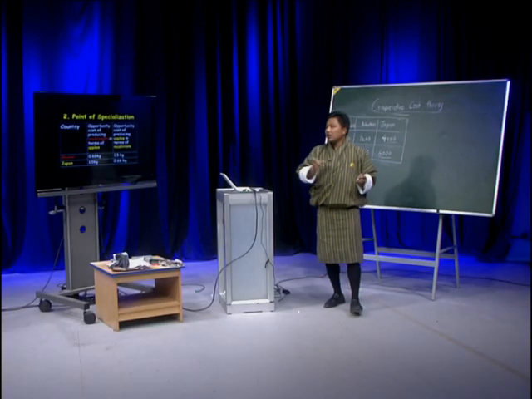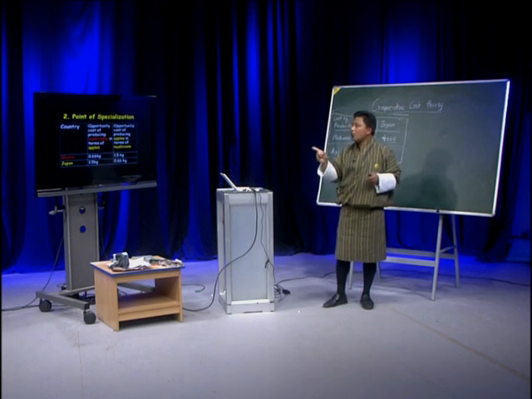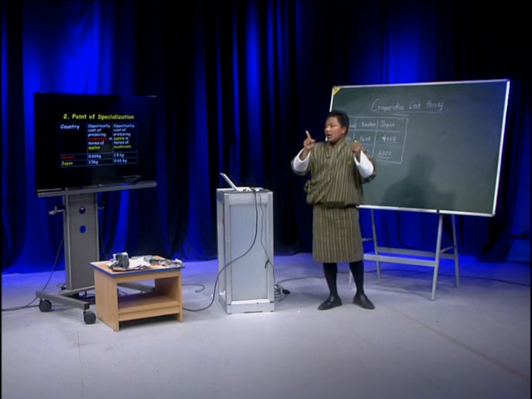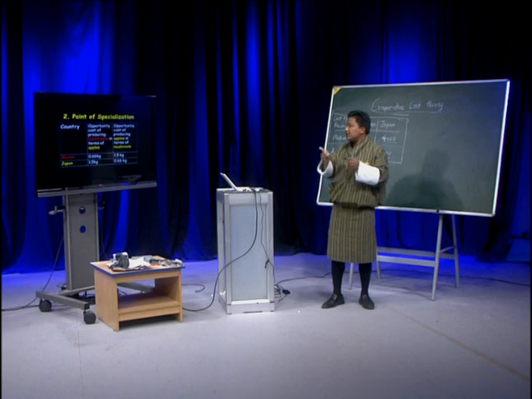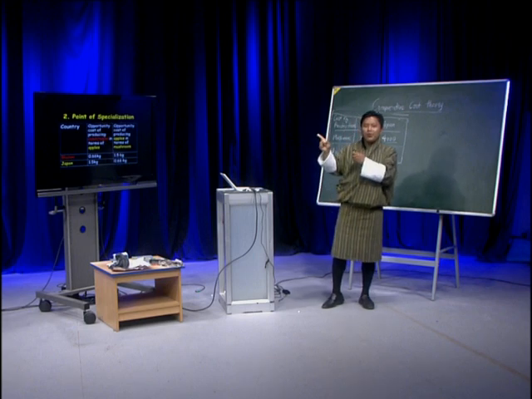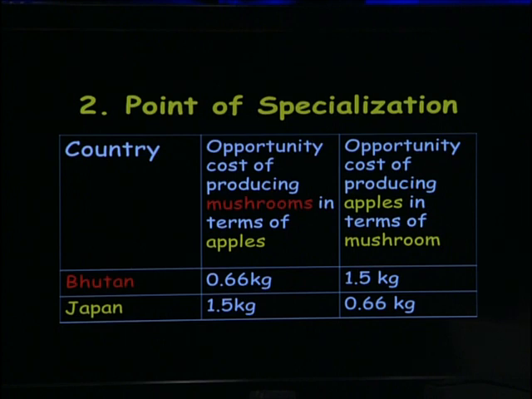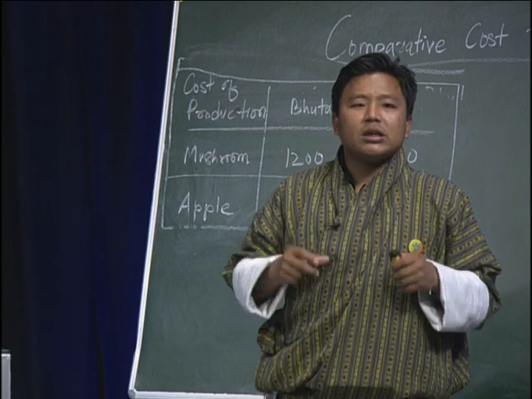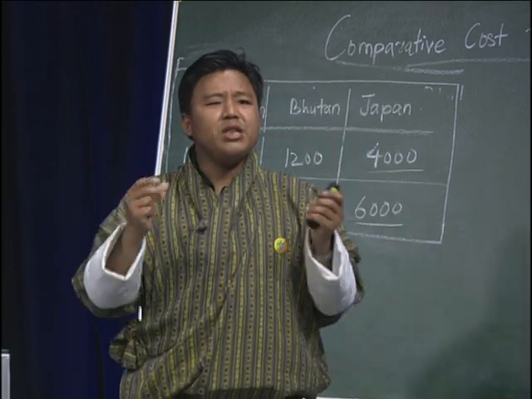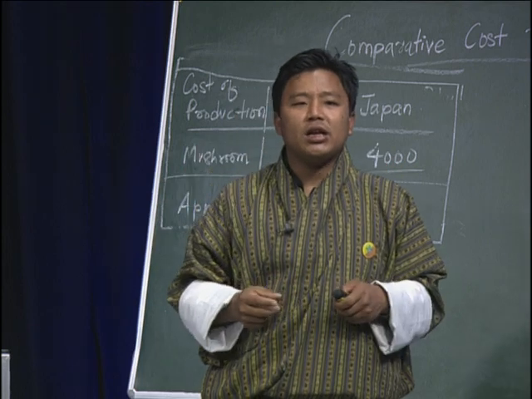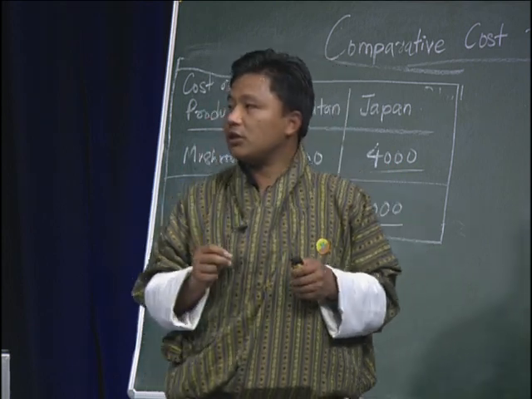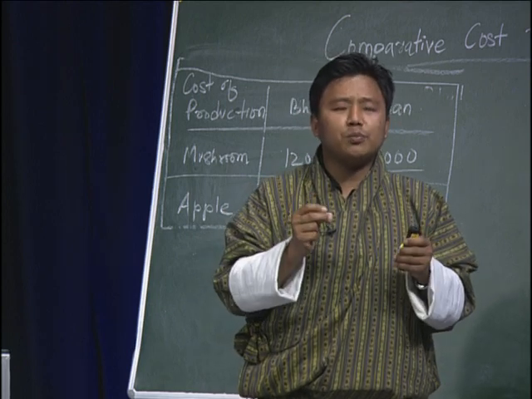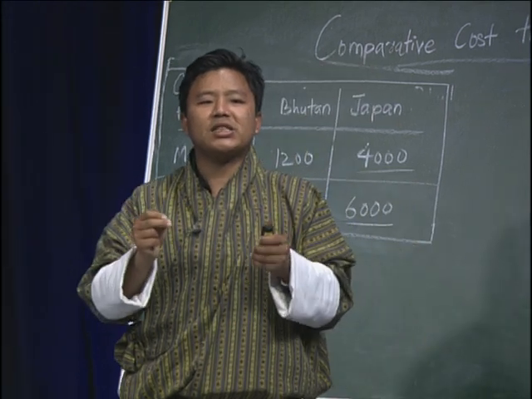On the other hand, Japan sacrifices 1.5 kg of apple to produce mushroom, and Japan sacrifices 0.66 kg of mushroom to produce apple. Now with this answer, we know that the sacrificing cost is very minimal if Bhutan can focus on production of mushroom. Why? Because the opportunity cost of producing mushroom is 0.66 kg of apple.